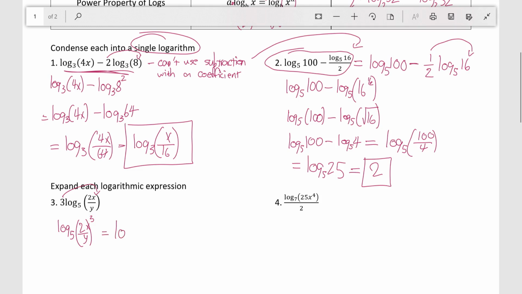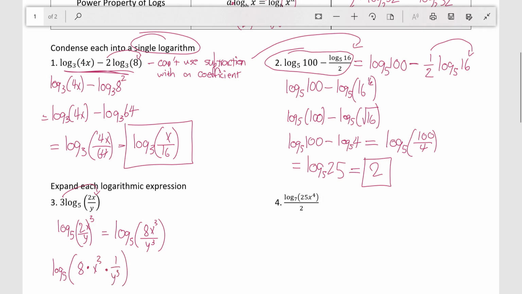So I have log base 5 of 8x cubed over y cubed. And now, one way to write 8x cubed over y cubed would be 8 times x cubed times 1 over y cubed.